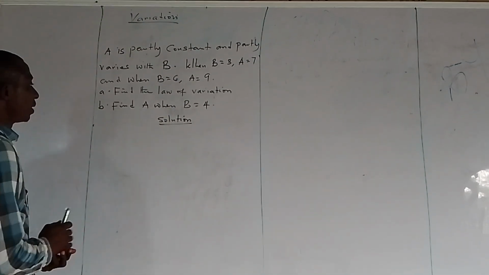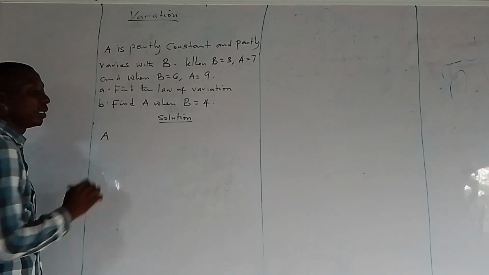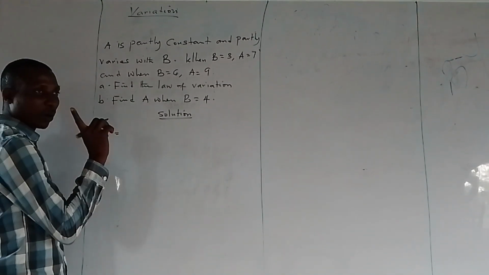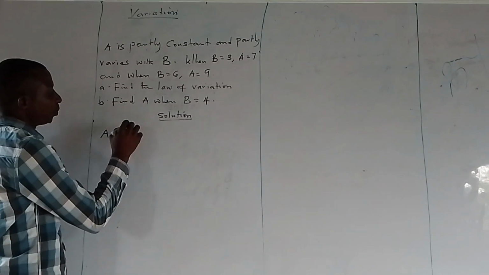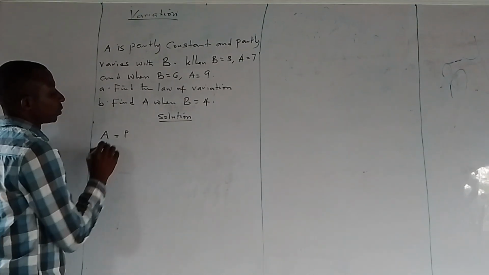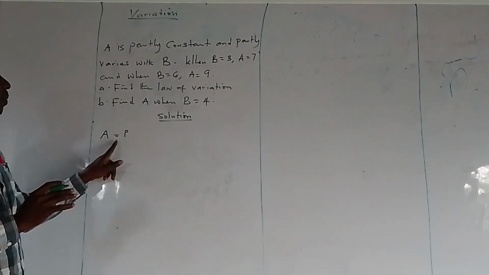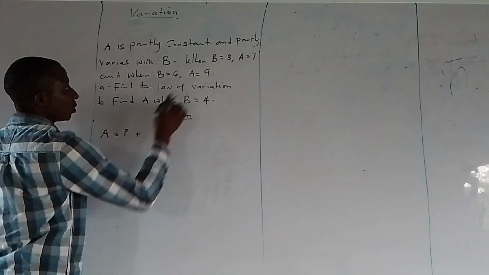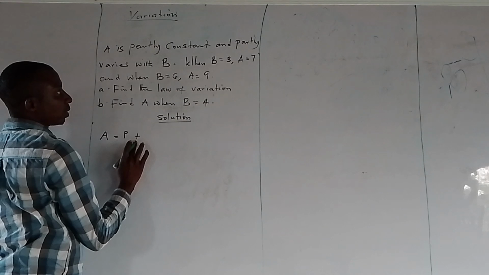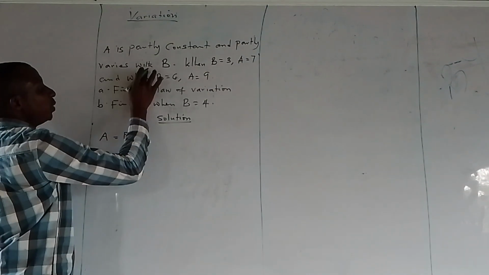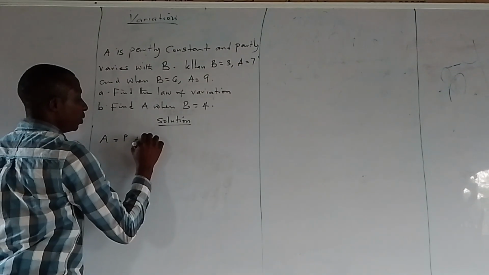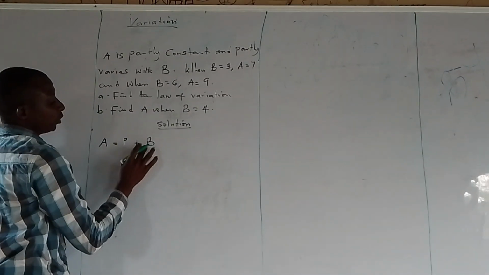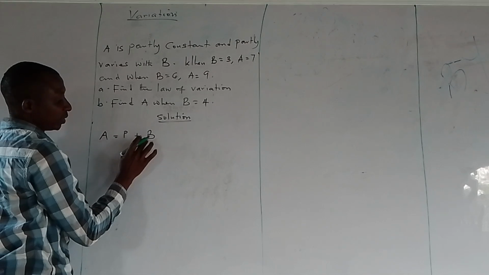Now the question says that A is partly constant. So that is A equals a particular constant. Let's label it P. A is partly constant, plus, and partly varies with B. So this is B, and there should be a constant beside the variable.